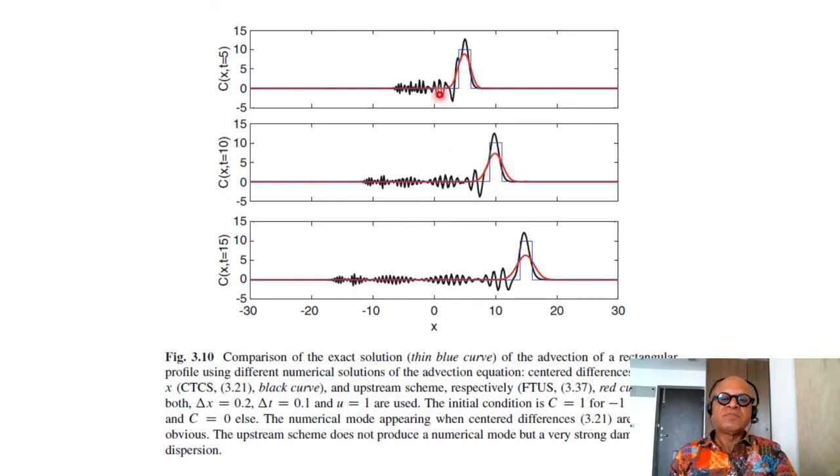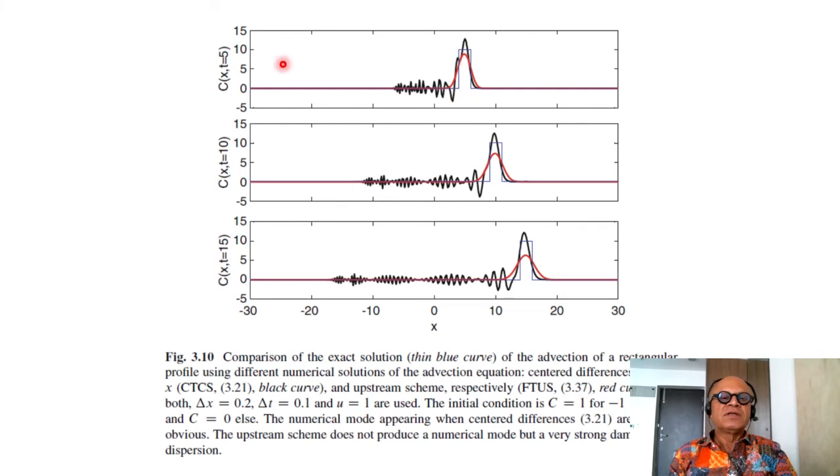And you can see the previous CTCS method, central in time, central in space, gave us this numerical error before of a wave-like dissipating solution moving backward and the peak being captured reasonably well. But the upstream method, which is stable if the CFL criterion is met, is actually producing a damping.